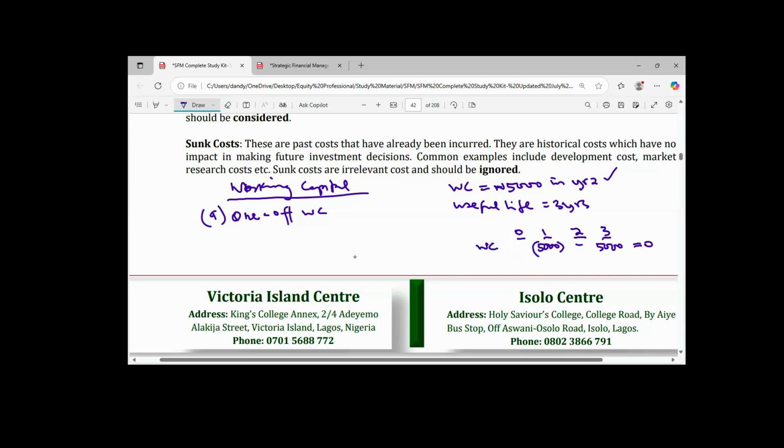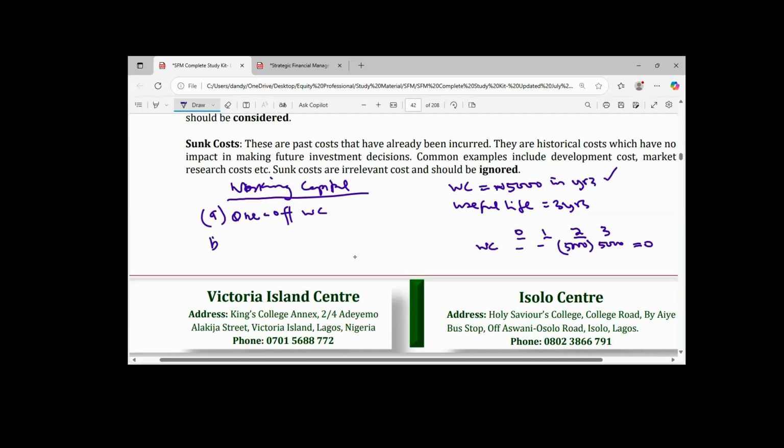If the working capital occurs at the end of year 3, I will not indicate it in year 3. The year before year 3 is year 2. So I will come here to be treated as cash outflow in the year before the year of occurrence. Then at the end of the useful life, which is year 3, I will recover it. So this is how to treat a one-off working capital.